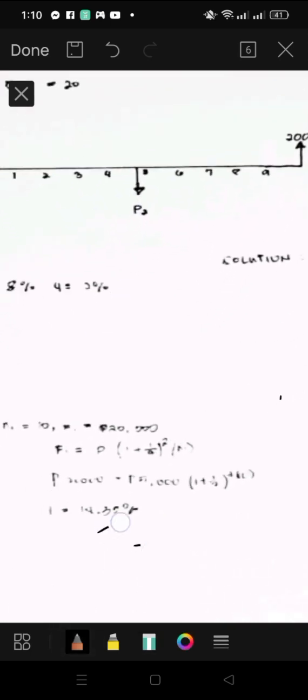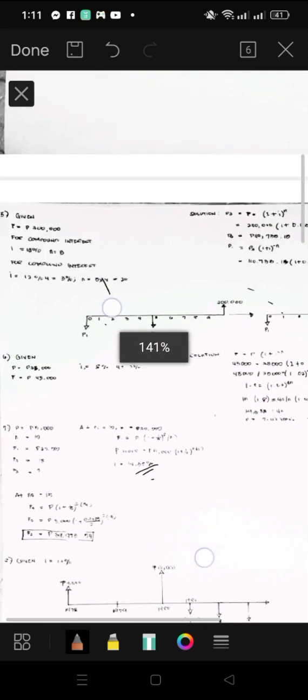That's why we get the interest equal to 14.35%.